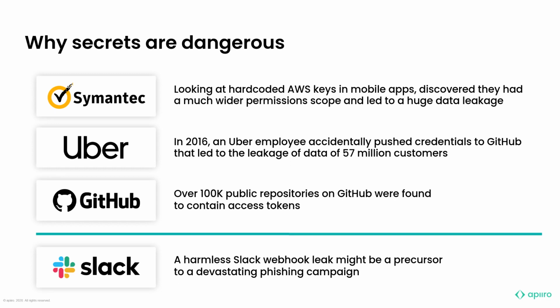What was even more disturbing in this use case was that not only did those keys give the attacker the option to use the intended functionality of the secret, but usually those secrets were not properly scoped in terms of permissions.